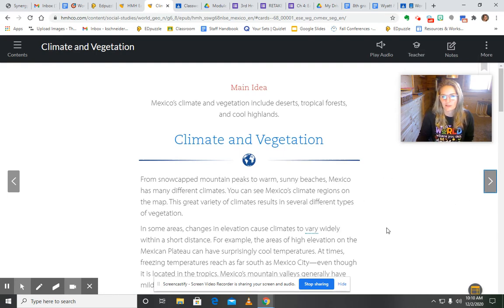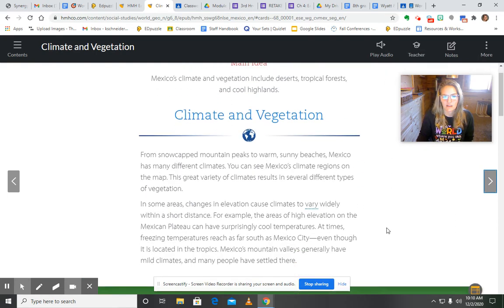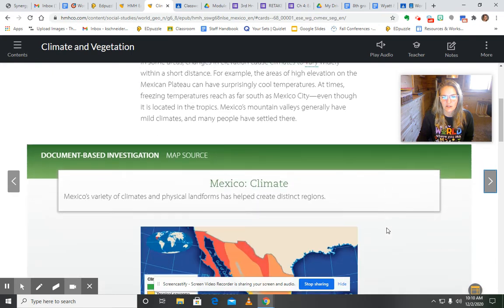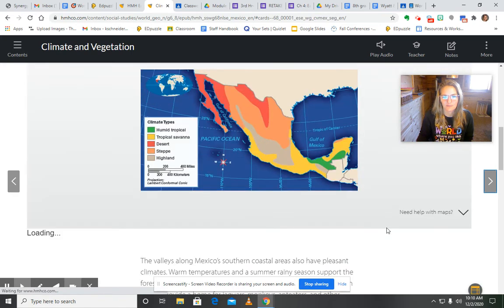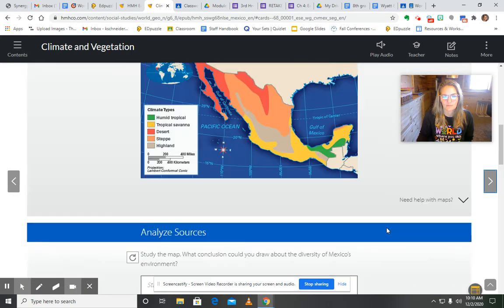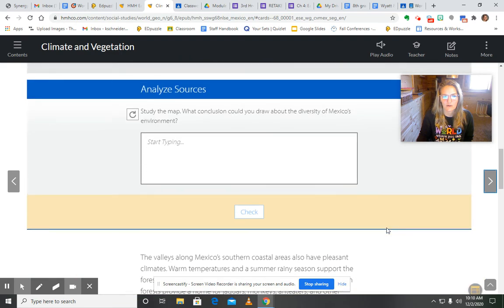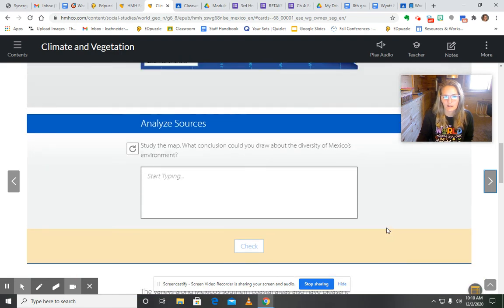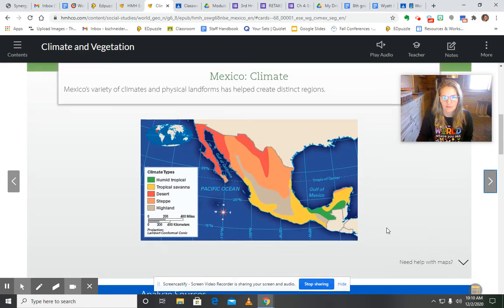From there, you're going to go to the next section and read this section on climate and vegetation. And then answer this question by studying the map. What conclusion could you draw about the diversity of Mexico's environment? So what is the majority of Mexico's environment?